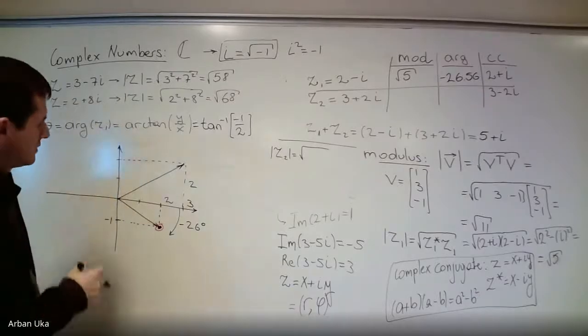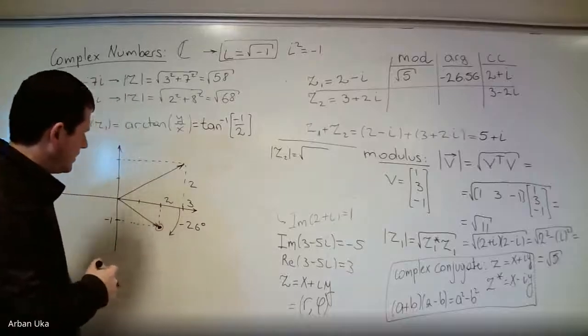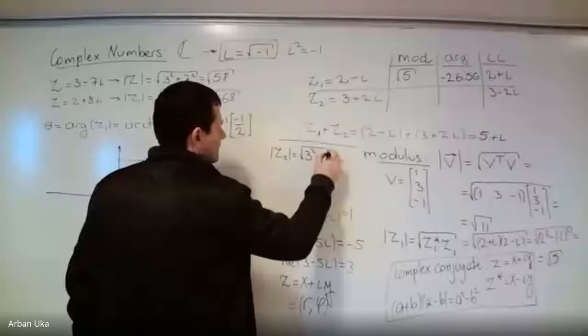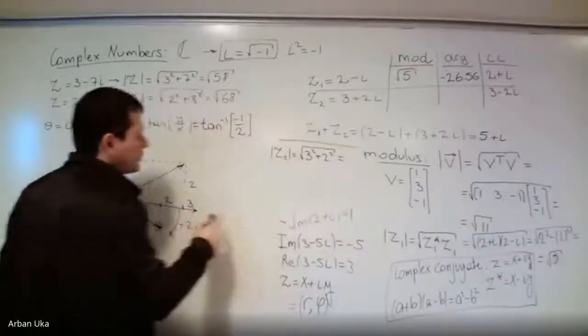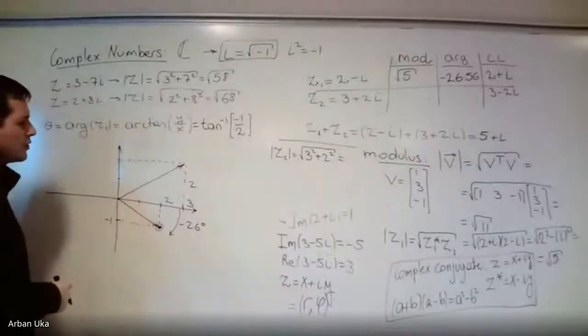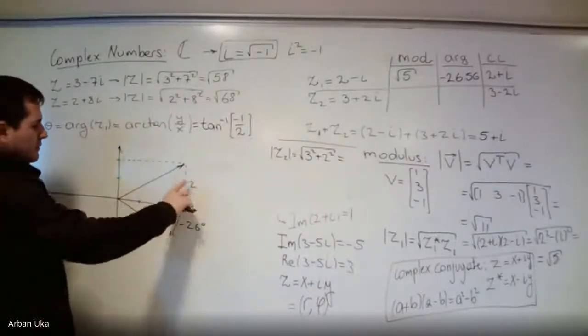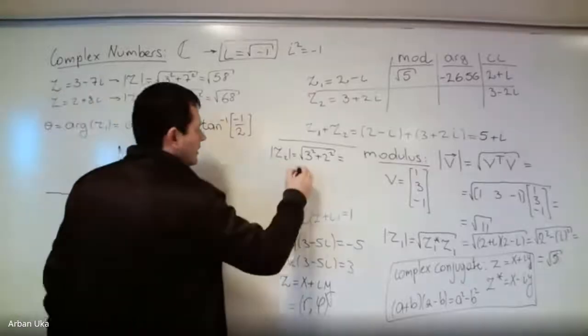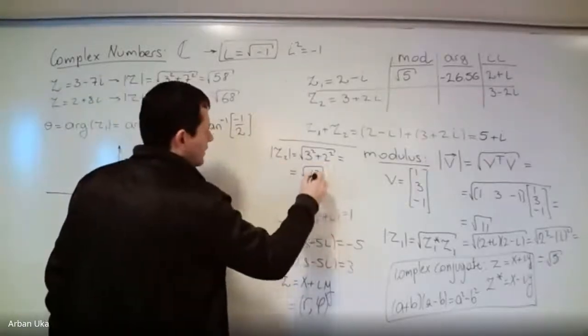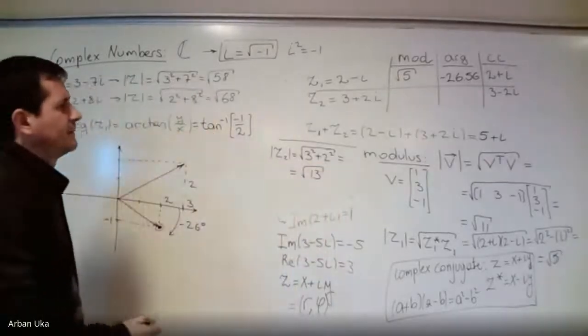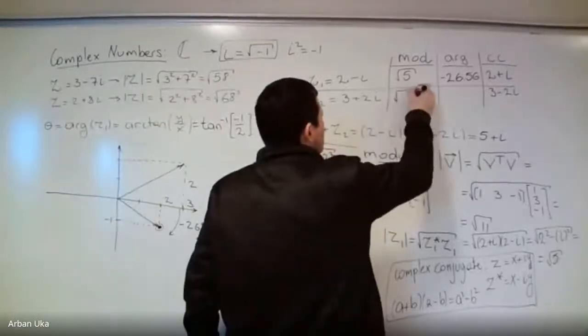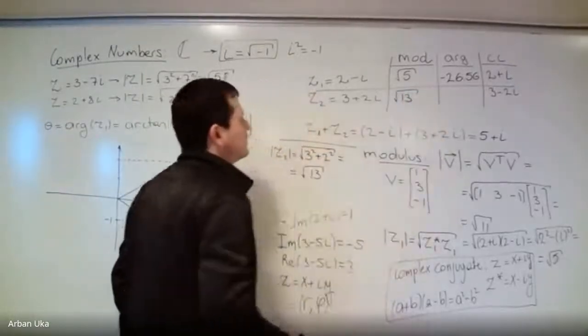Well, square root of 9 plus 4, which is square root of 13. So using the Pythagorean theorem, we get 3. So it's something like this, okay? So this is square root of 13.